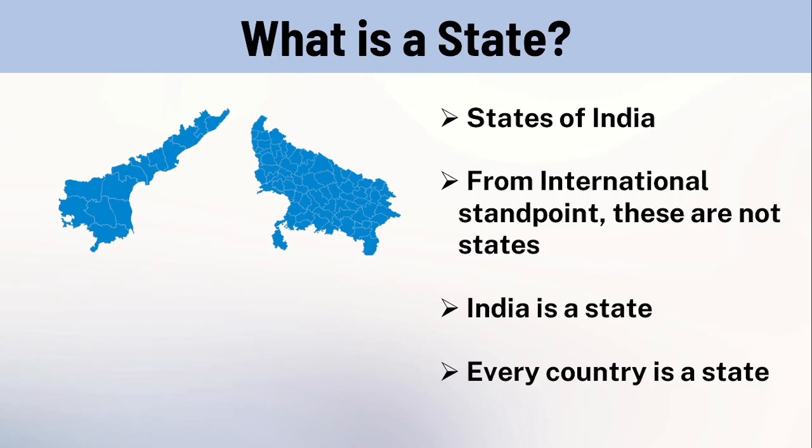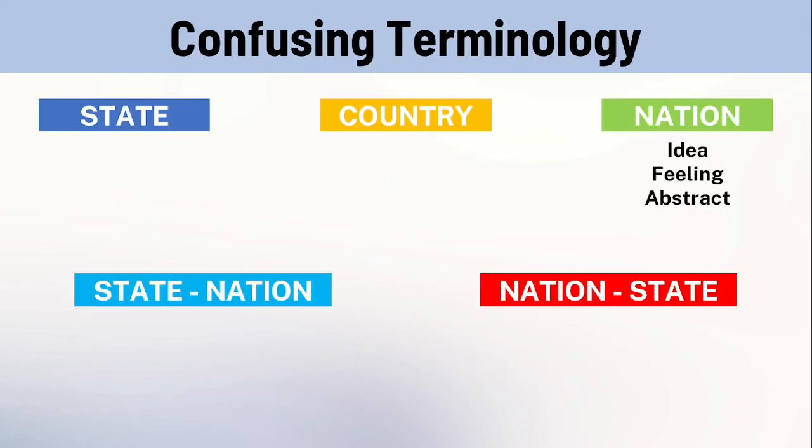This might sound misleading, but we have always been assuming that states are subnational entities, but that's not true. A state is anything that has four elements. As you can see these terms on the screen, these are confusing terminology that we often use interchangeably.